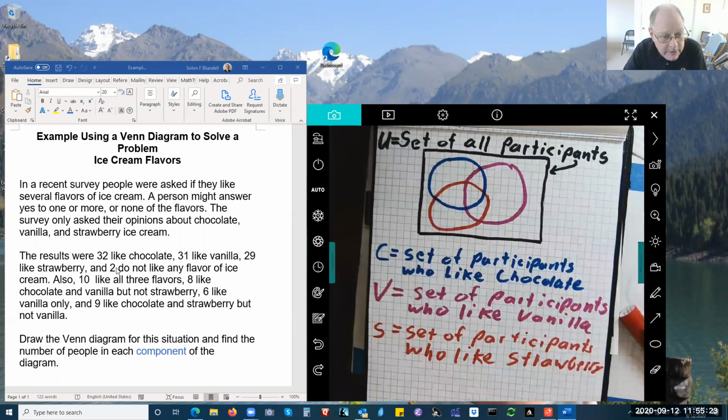But when you come to 2 do not like any flavor, now there's a simple fact that we can use real easy because that's saying there's 2 people in the box who took the survey who are outside all 3 of the circles, not in any of the circles. So I can put a 2 out here right away.